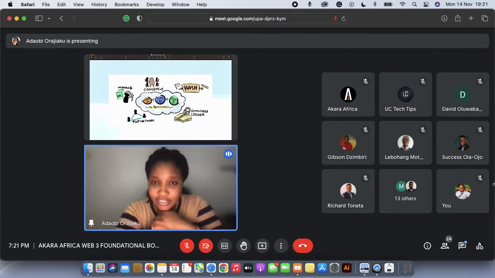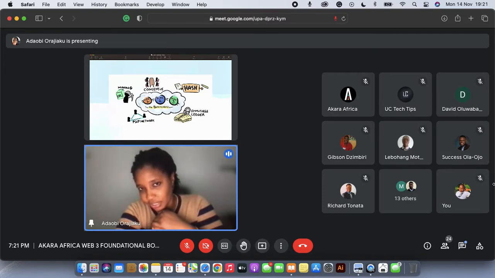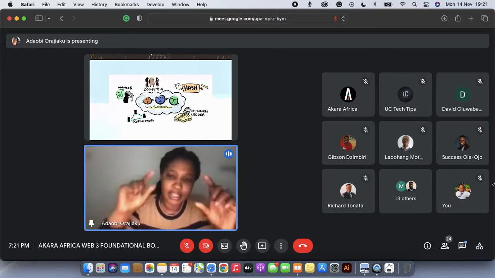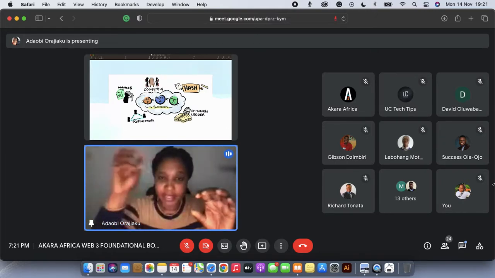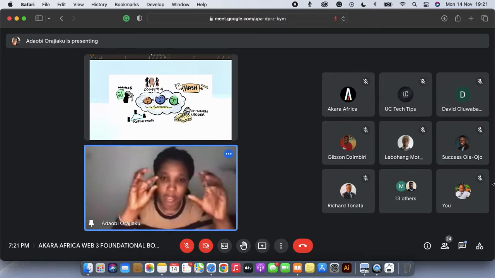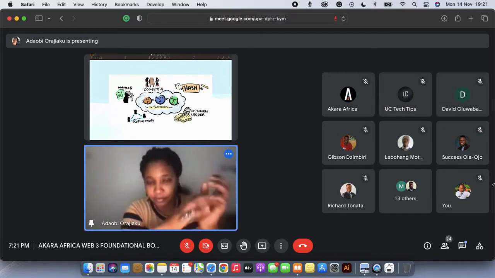Ada is sending Success $10. So Ada now has a total of $40, and Success now has a total of $40, right? This movement of value, of ETH, of currency, is typically what a transaction is.